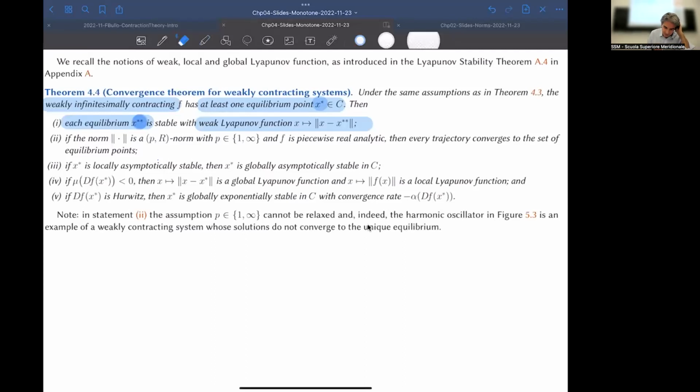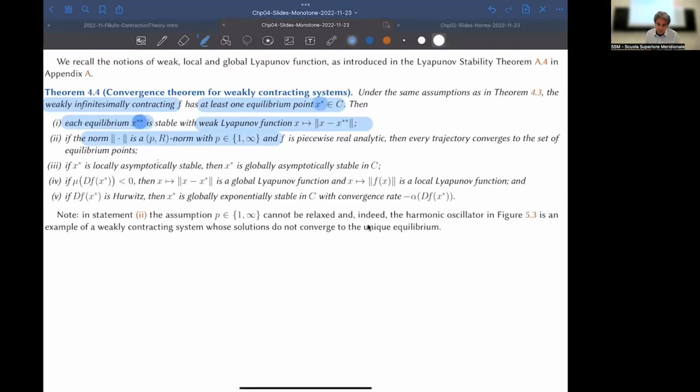Then I have something magic and something beautiful. The magic is that if the norm that you're using is, and let me just generalize this, a polyhedral norm. What does that mean? It means that when you draw the unit ball of the norm, it's a polyhedron. It's a polygon, not a smooth ball. It's piecewise linear.